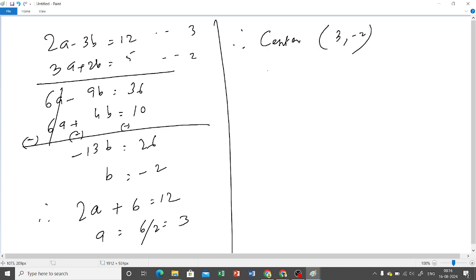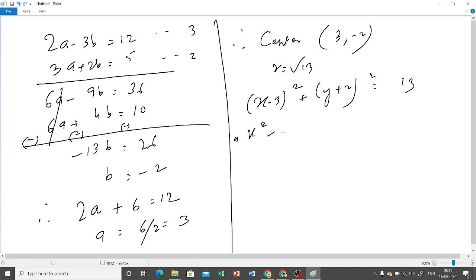Okay, and the radius is root 13, so therefore x minus h whole square plus y minus k whole square equals to r square. Expanding, a square plus 2ab plus b square, and 2ab gets cancelled out.